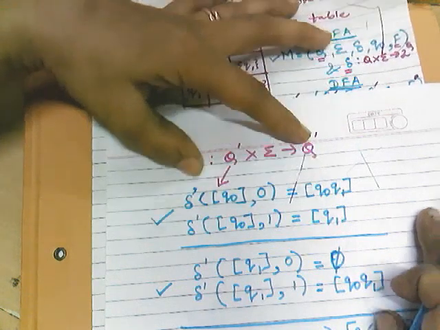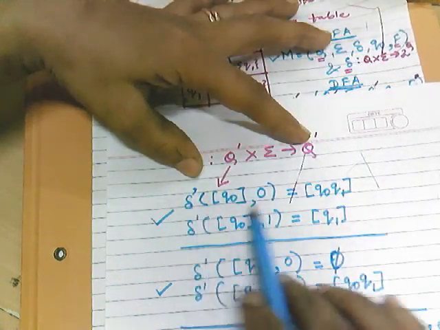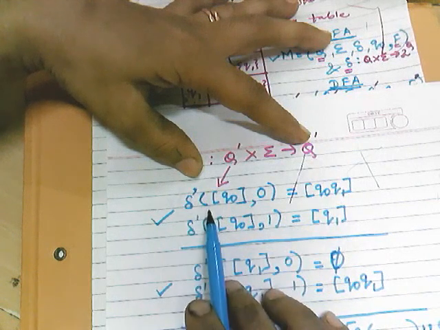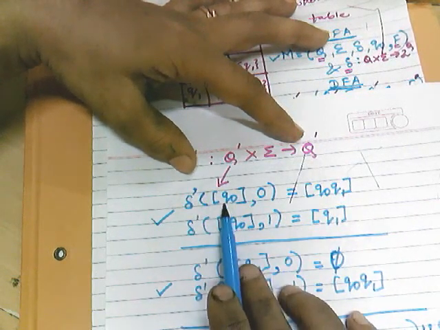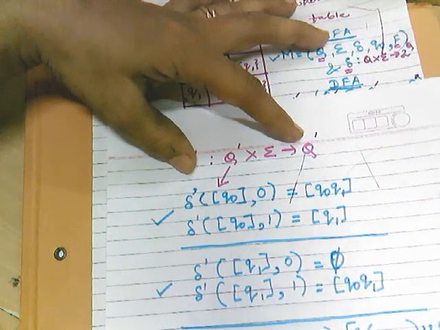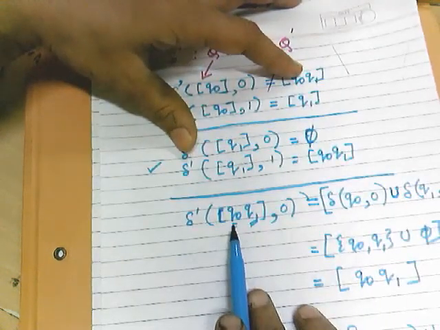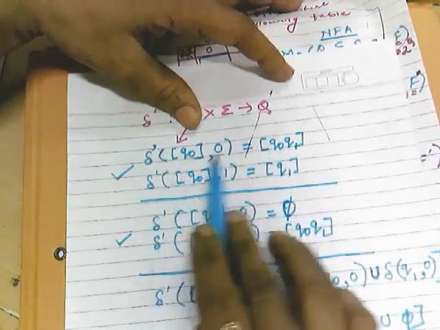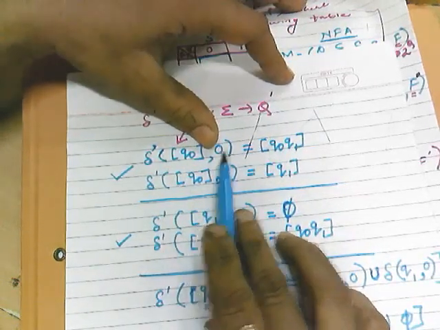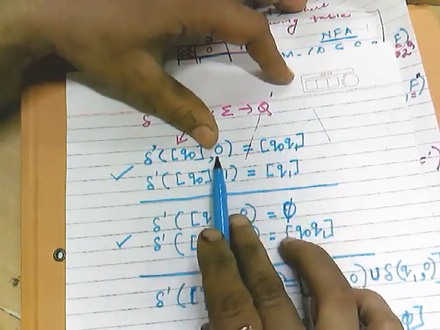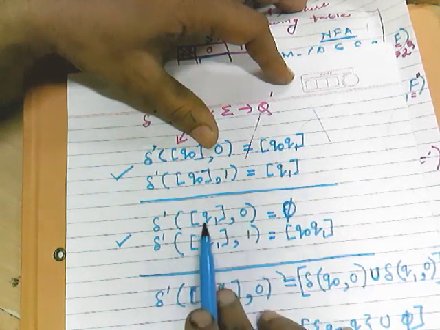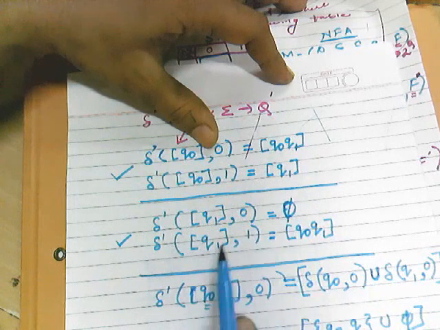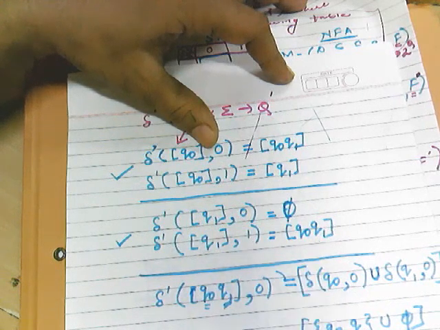In this way we have identified the delta dash function for each and every state in Q dash. So we had 3 states, q0, q1 and q0q1. For every state we have found out what will be the next state. We have identified that for 0, q0 is moving to q0q1, for 1 to q1. For q1, on 0 it goes nowhere, on 1 it is moving to q0q1.